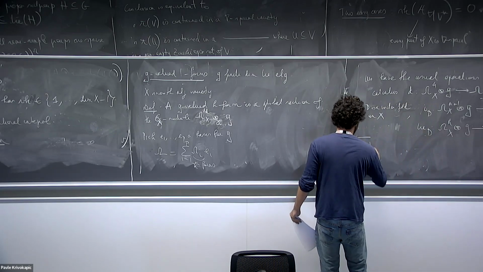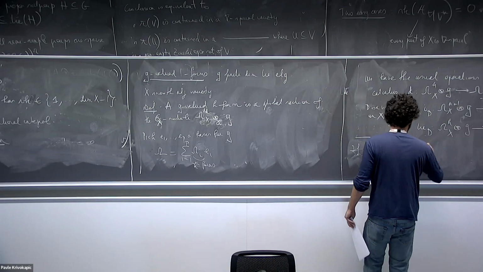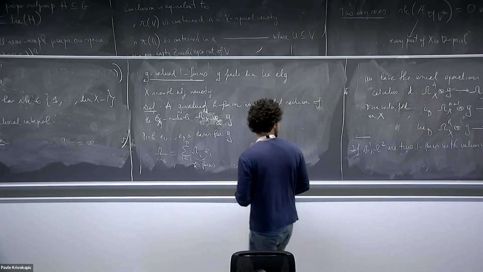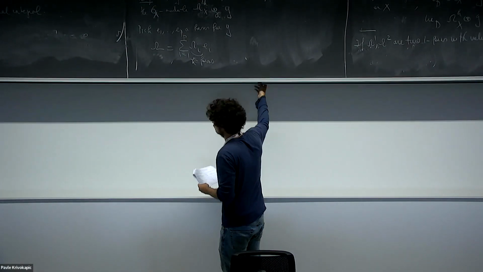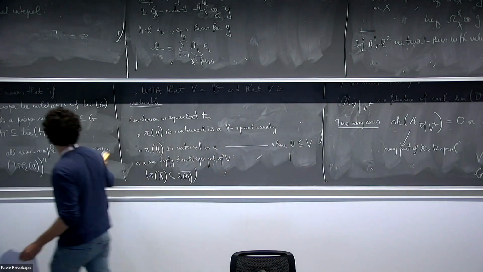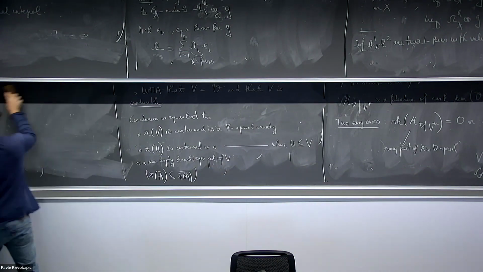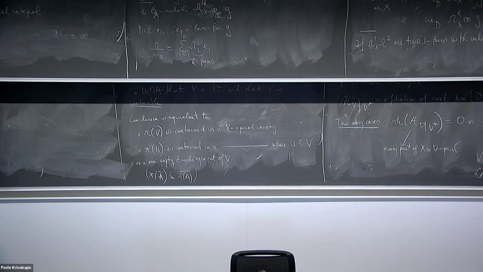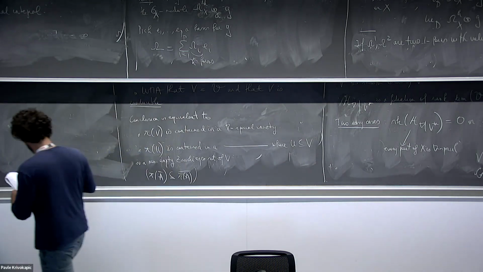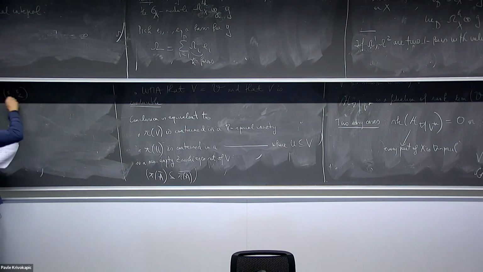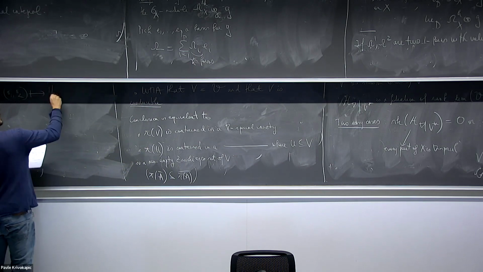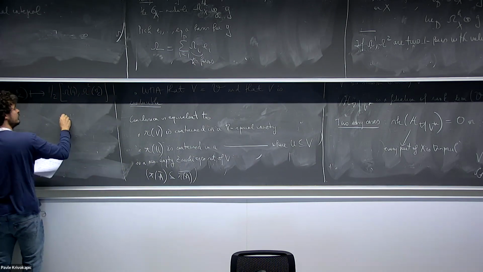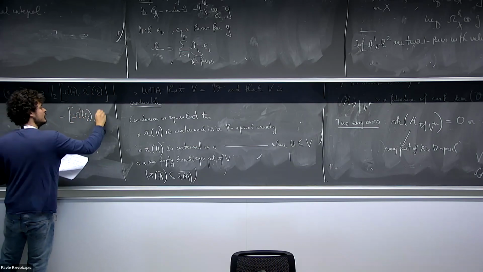If omega 1 and omega 2 are two one forms with values in G, we can define a two form, which we denote omega 1 wedge omega 2 with a bracket, because it uses both the wedge and the bracket, which to vectors V1 and V2 sends 1/2 of the bracket of omega 1 applied to V1 and omega 2 applied to V2, minus omega 1 applied to V2 and omega 2 applied to V1.